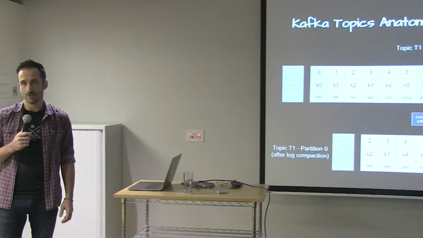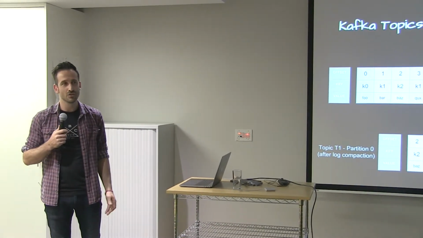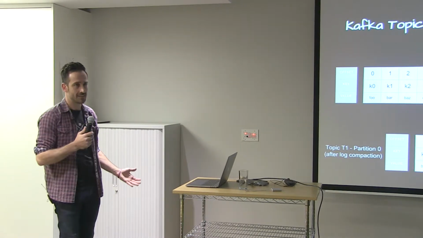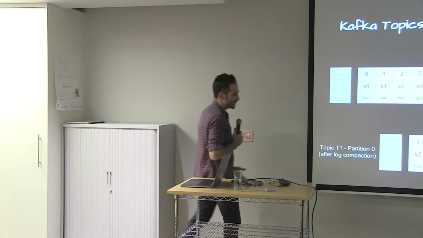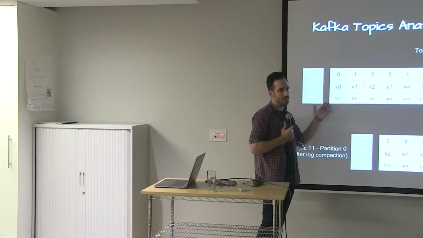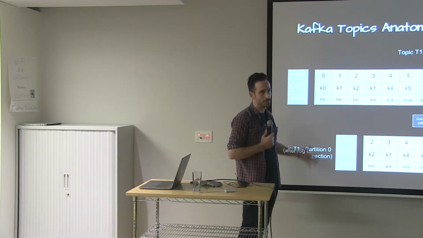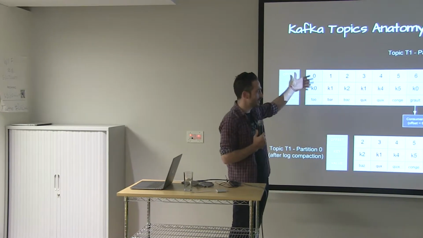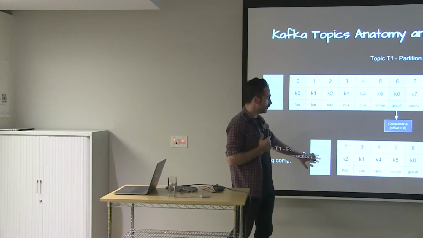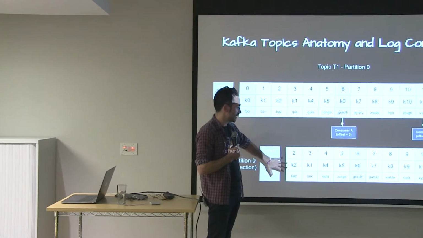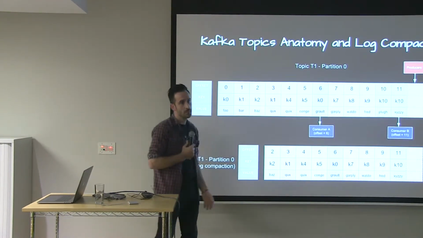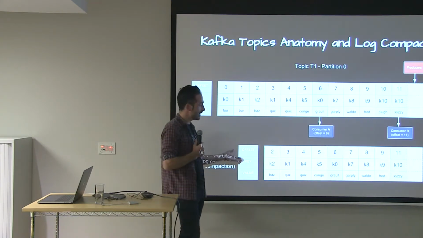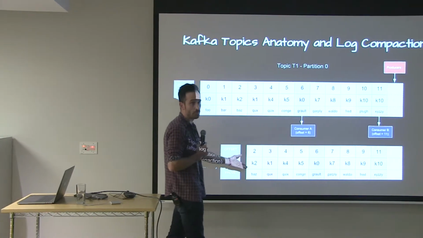This concept is very, very close to a database table. In a database table, you don't have the history of the records, you have the latest version of the record. And if you think about this, and the example I gave you before with the snapshots and the speed layer, with a solution like Kafka and log compaction, you can remove the batch layer because all your data is log compacted.